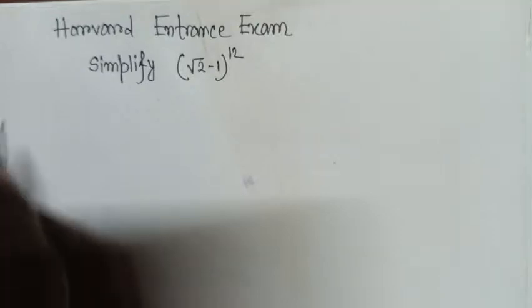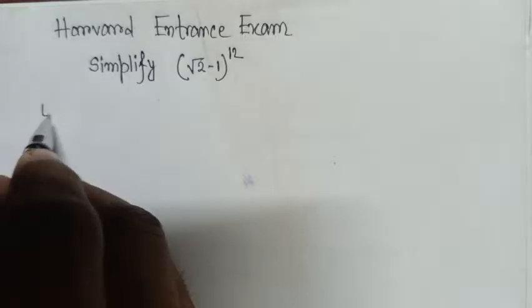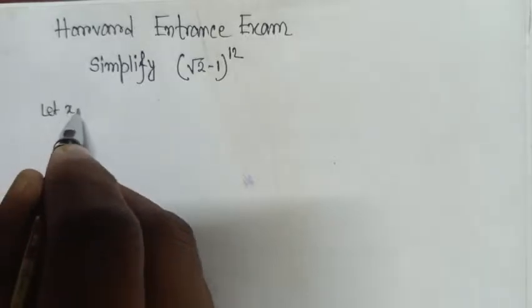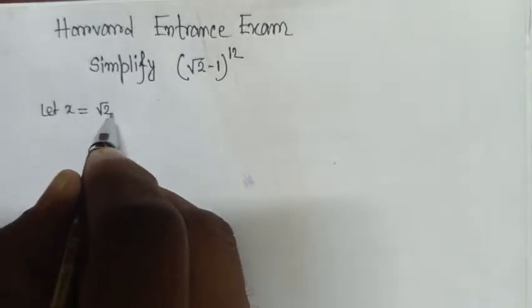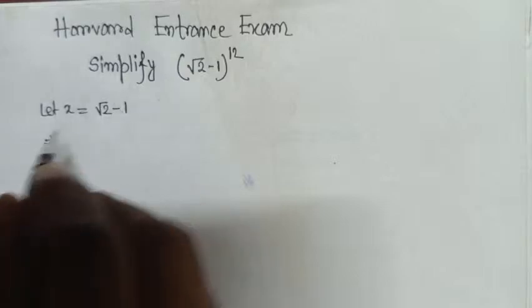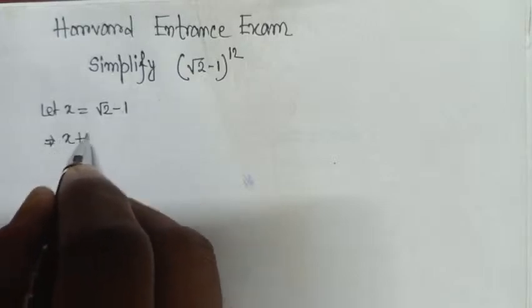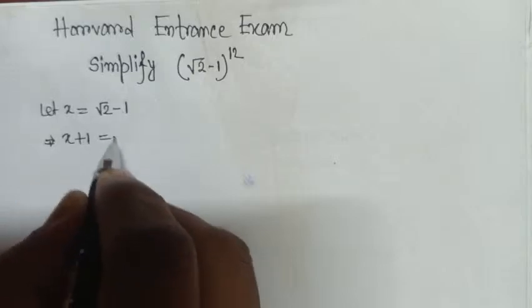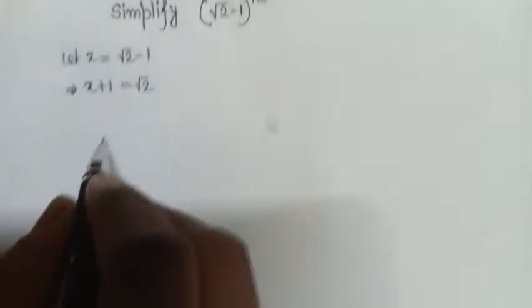So let's start. For this, let x is equal to root 2 minus 1. We are going to move this 1 to the left hand side. Then we get x plus 1 is equal to root 2.